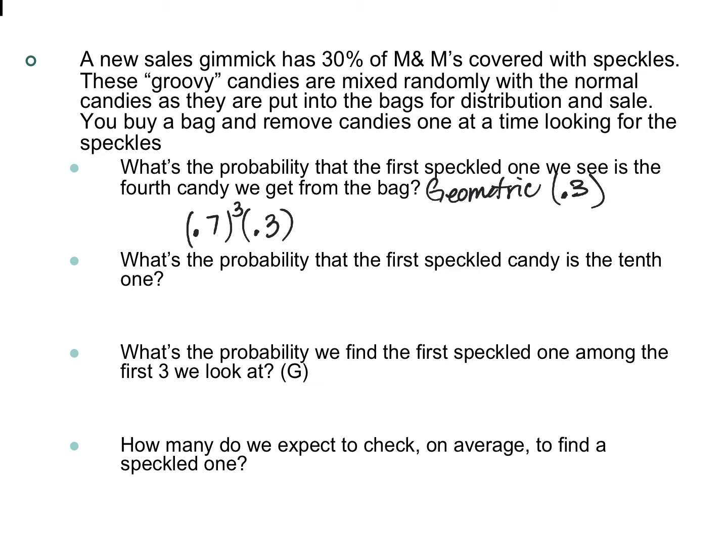There's a 0.7 chance I don't get a groovy M&M, and I have 3 of those in a row, and on the fourth try I do get the groovy M&M. That probability is 0.3. And so in my calculator, 0.7 to the third times 0.3, which is 0.1029.